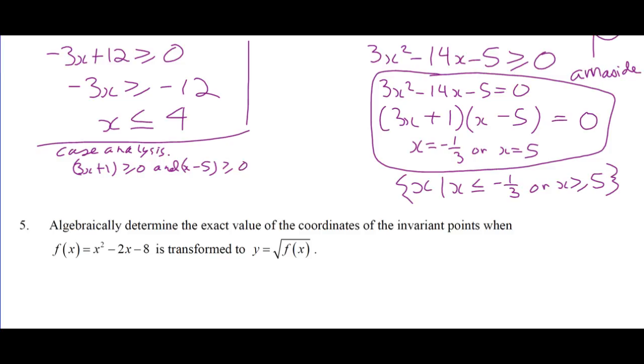When does that occur? Well, this is 3x is greater than or equal to negative 1, or x is greater than or equal to negative 1/3, and this one is x is greater than or equal to 5.